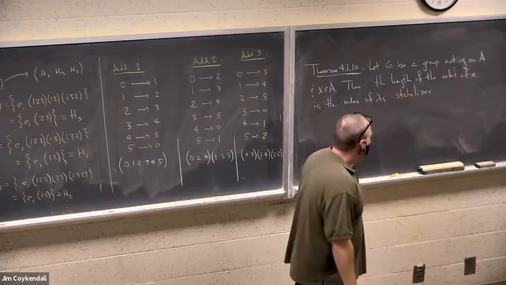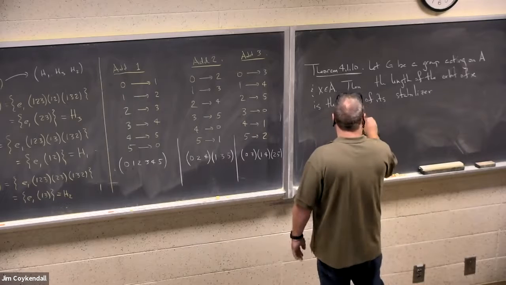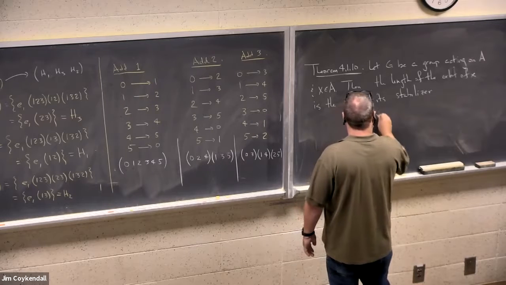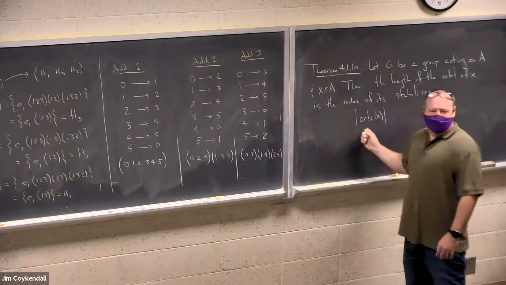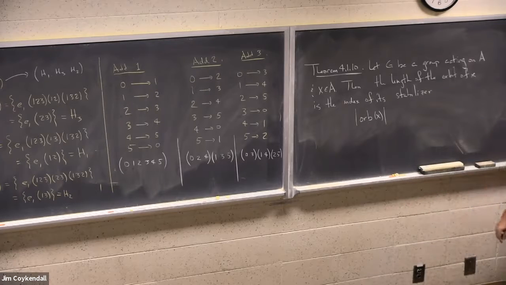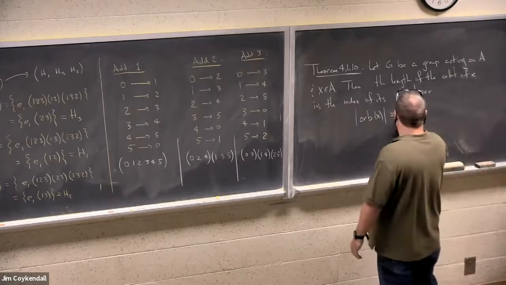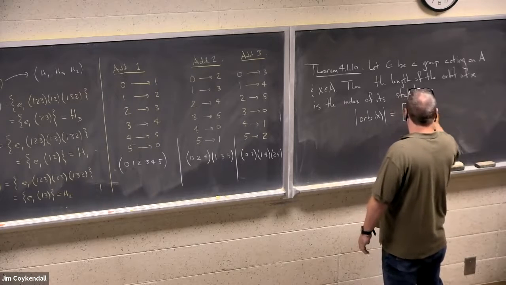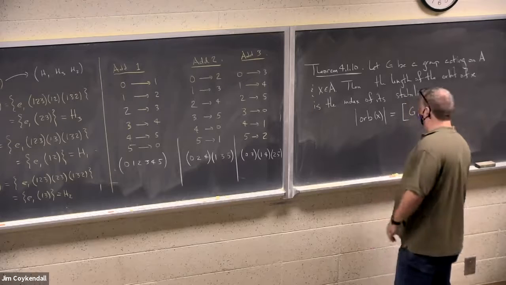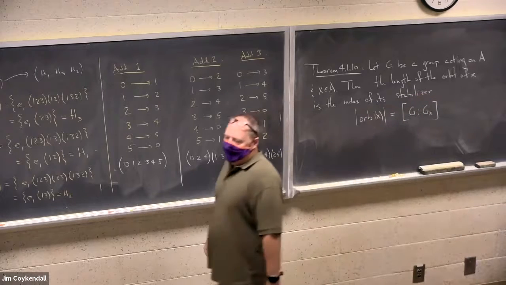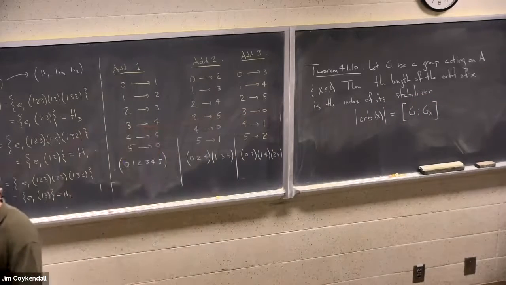So let me write this out more. If you count up all the stuff in the orbit of x, this is the same thing as the index of the stabilizer of x in the group action. This is an incredibly important theorem.